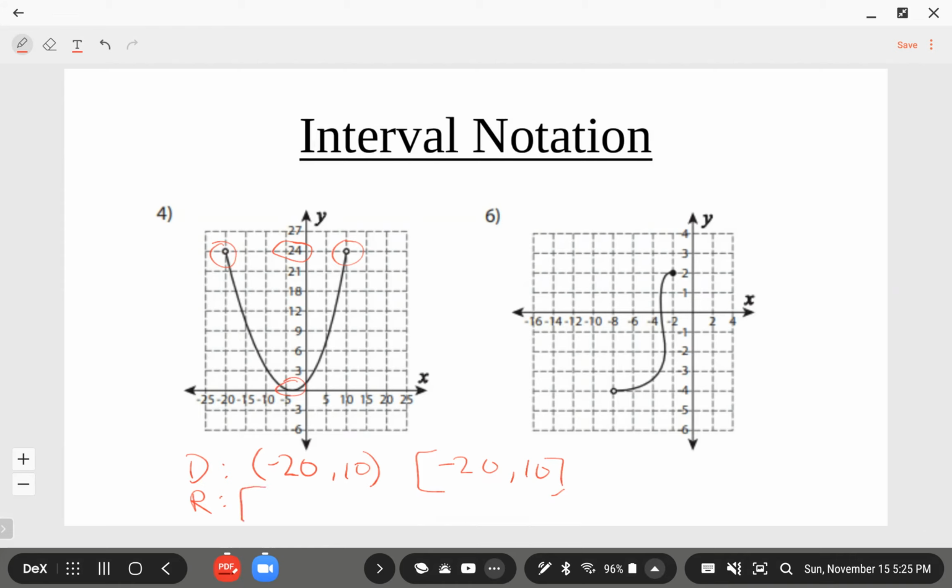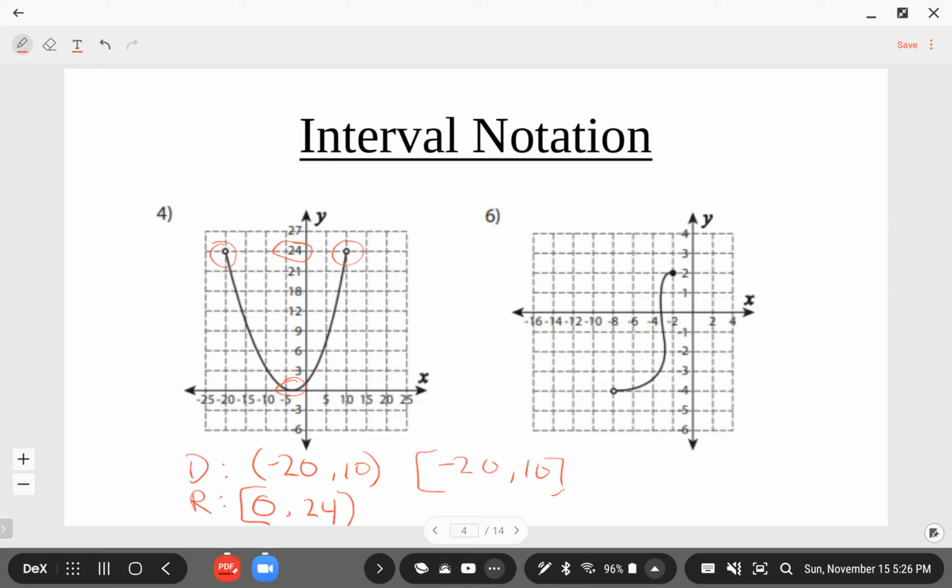If this is on the graph, we use square brackets. So 0, and then 24. Now what comes next? Parentheses, because you see 24 right here, this is an open circle. 24 is not actually on the graph. So we might get something like this, a square bracket and a parenthesis. So pay attention when you're using interval notation, so you don't get it incorrect.